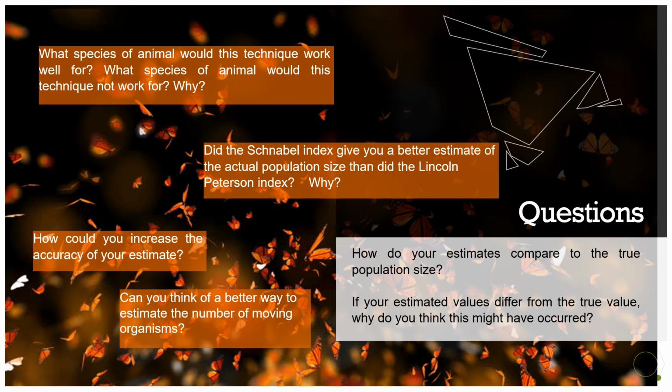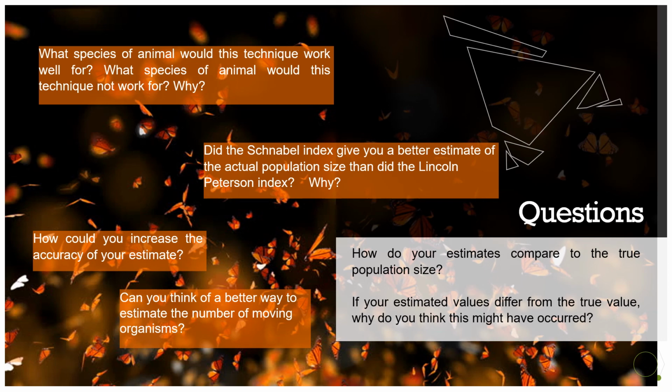How do your estimates compare to the true population? What kind of animals would this work well for? What wouldn't it work well for? Like why? Did the Schnabel index give you a better estimate of the actual population size than the Lincoln-Peterson index? And if so or if not, why? How could you increase the accuracy? Can you think of better ways to estimate the numbers of animals that are moving around in a population?